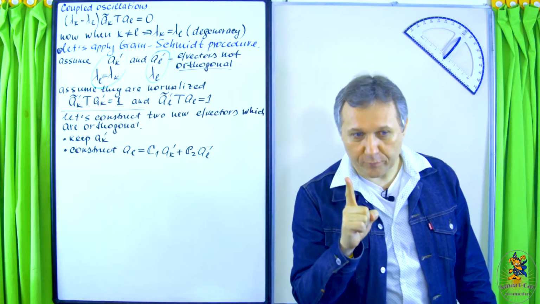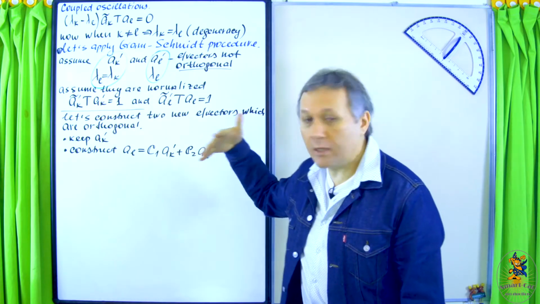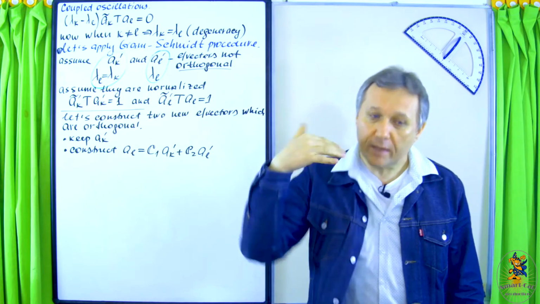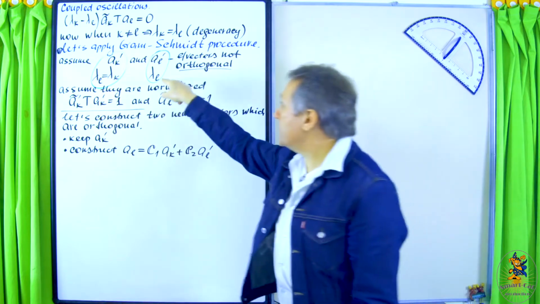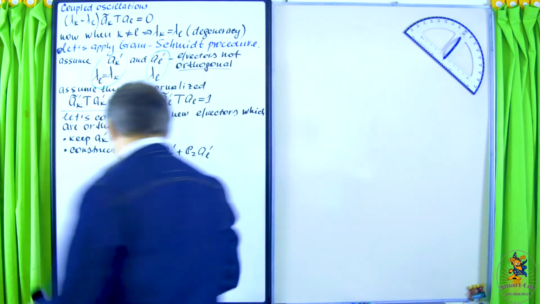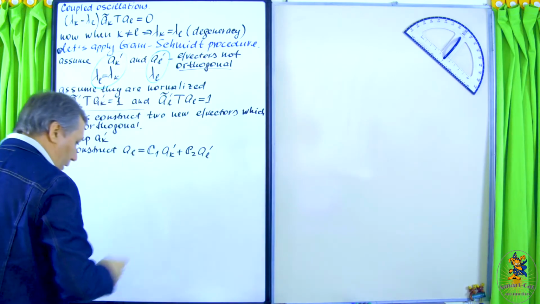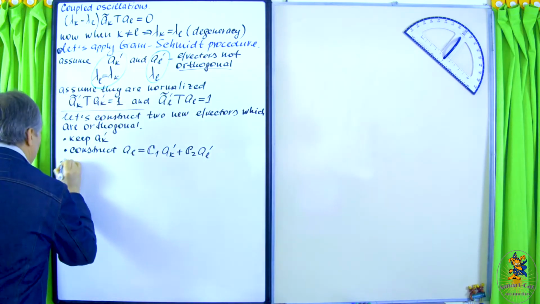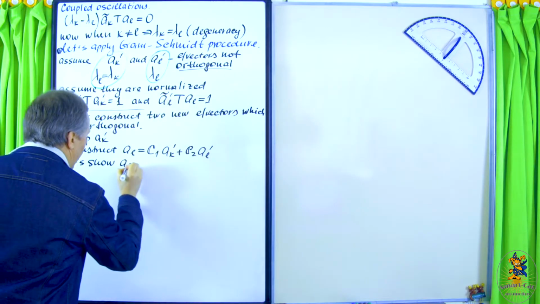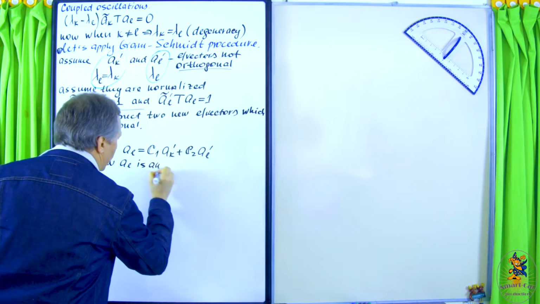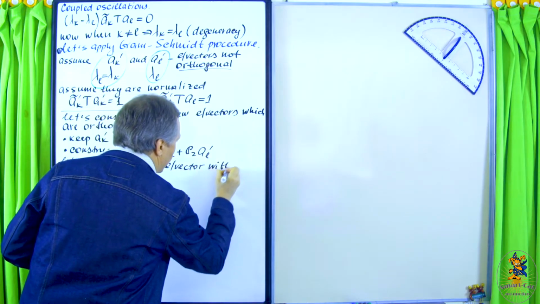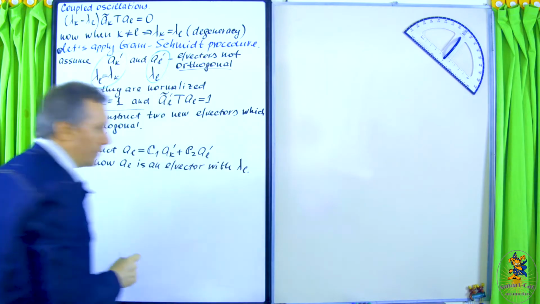So before we start finding these constants, let's convince ourselves that this new vector a_l is an eigenvector with this eigenvalue lambda L. So let's do it. Okay, so let me write. So let's show that a_l is an eigenvector with eigenvalue lambda L.